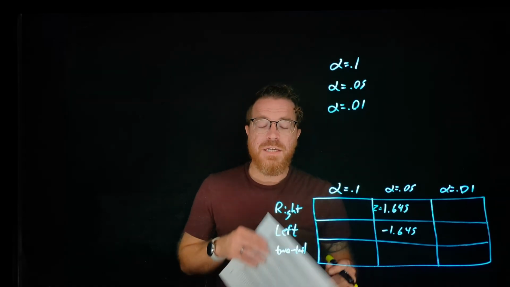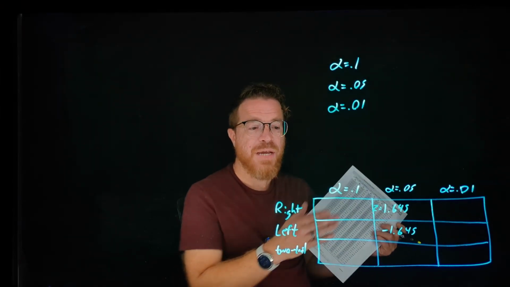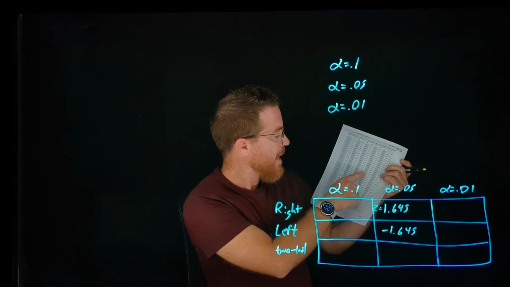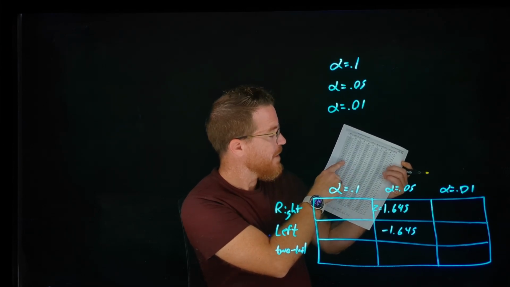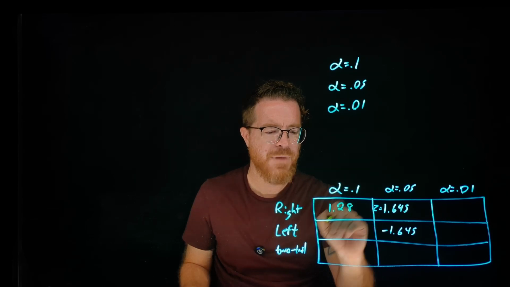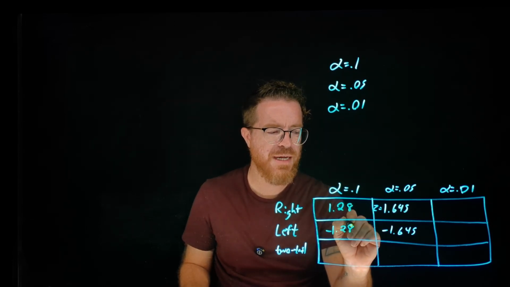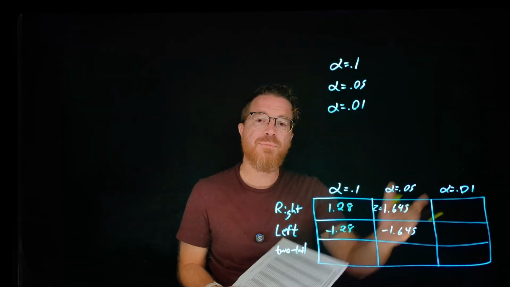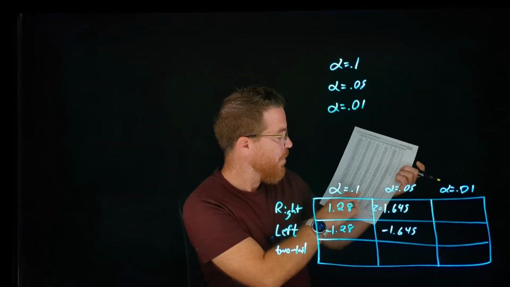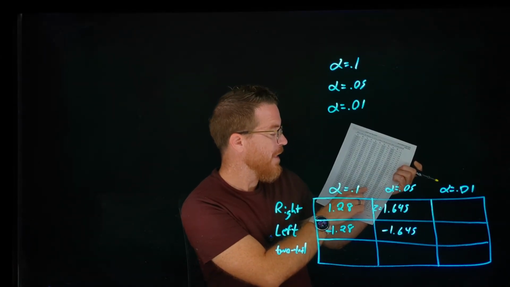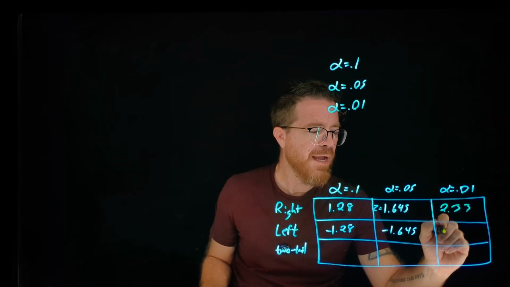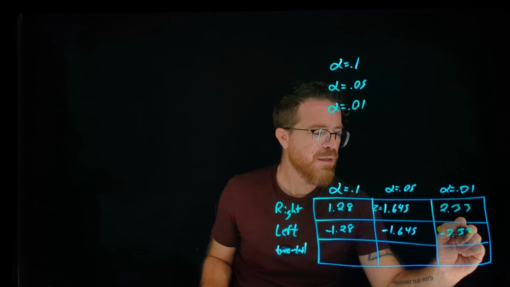If our alpha is 0.1, this means that we have 0.9 to the left of it, so we find where 0.90 is, and this gives us 1.28 and negative 1.28. Finally, if we have an alpha of 0.01, this means we have 0.99 to the left of it, meaning that we are going to have a value of 2.33 and negative 2.33.